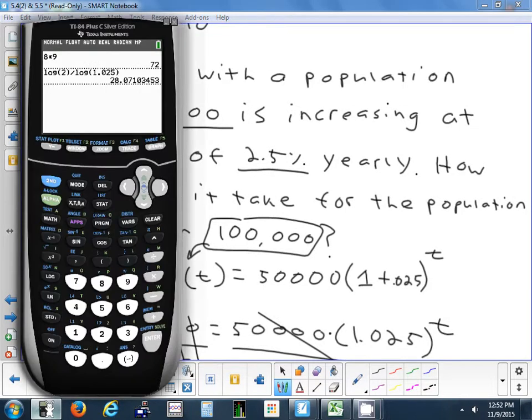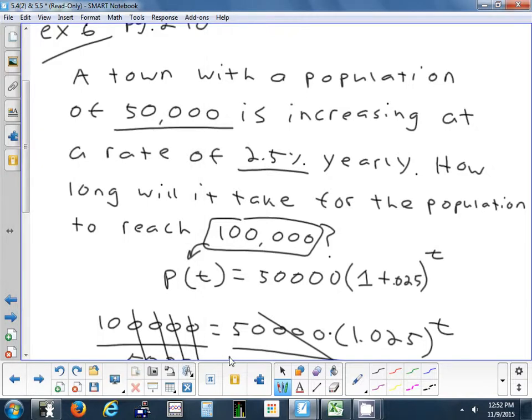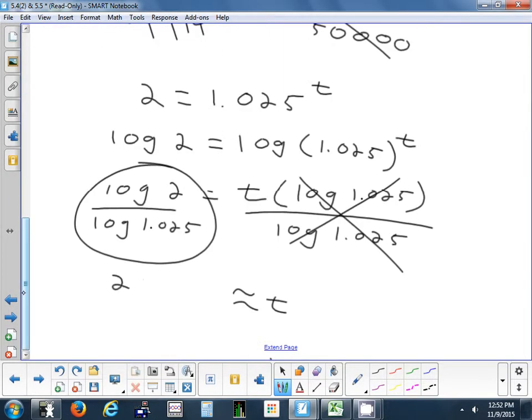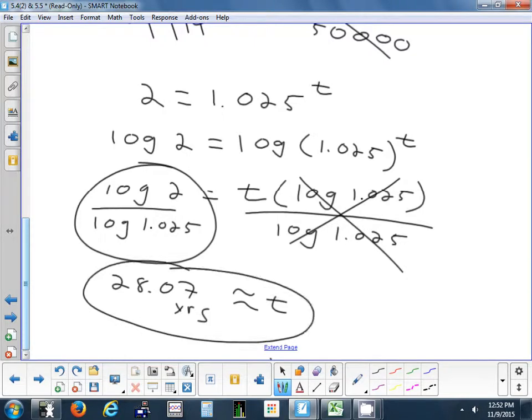Okay, so it's going to take about 28.07 years for the population to double. And if you look back in your notes in some section in chapter 5, we did that graphically, and that's what we got. Okay, so it's not that hard to do algebraically. Just involves a logarithm.